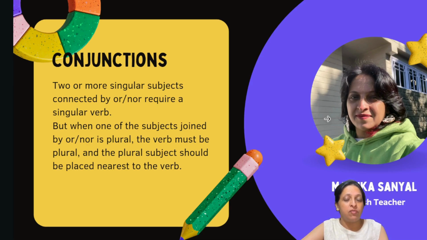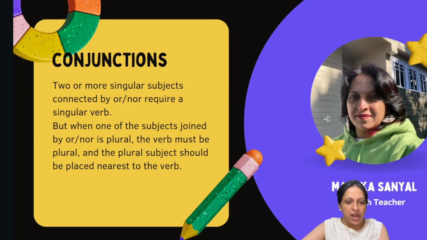Based on that, the verb will be singular or plural. Then we also discussed that there are certain prepositions which we need to remember. If such prepositions are found in a sentence, then we have to consider the verb to be singular or plural based on the main subject. But today, we are going to discuss more about conjunction.